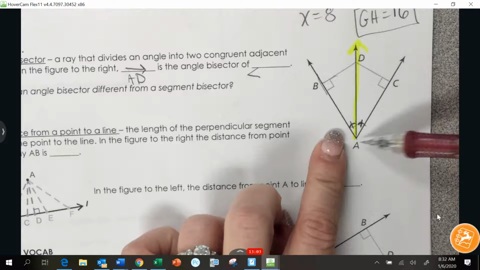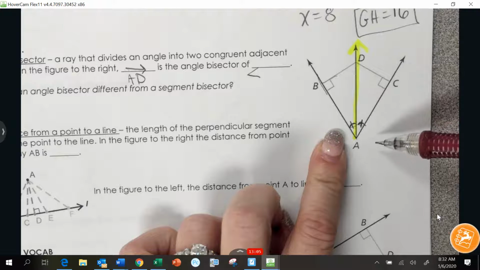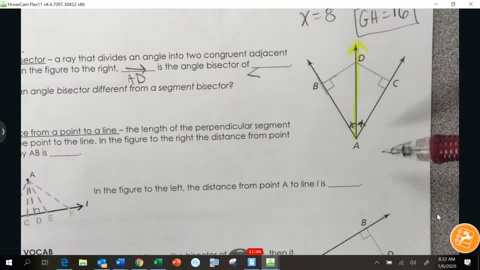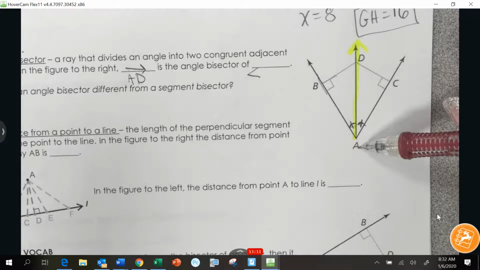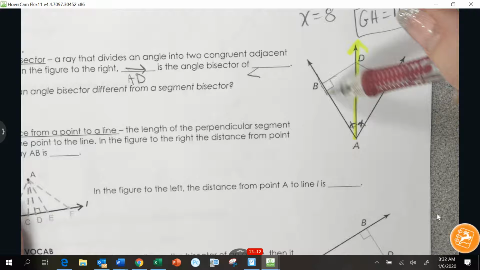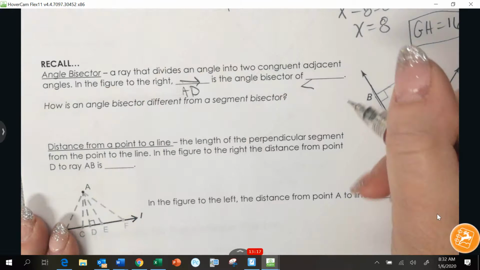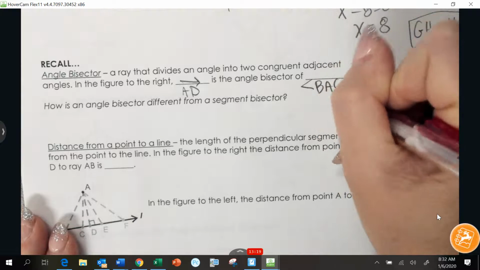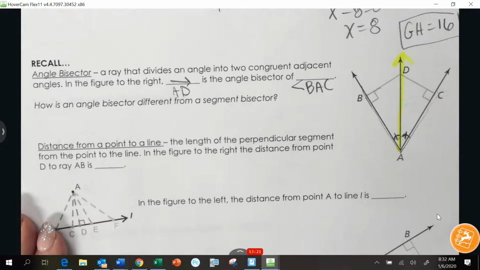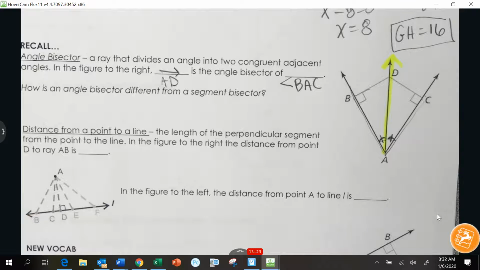Now, because there are actually three angles that you see by angle A, we're going to name it with three letters so we know which one we're talking about. A has to be the middle letter. So you're going to say BAC. So if I'm going to draw that angle, BAC. Or you could write CAB. You could go the other direction. CAB.